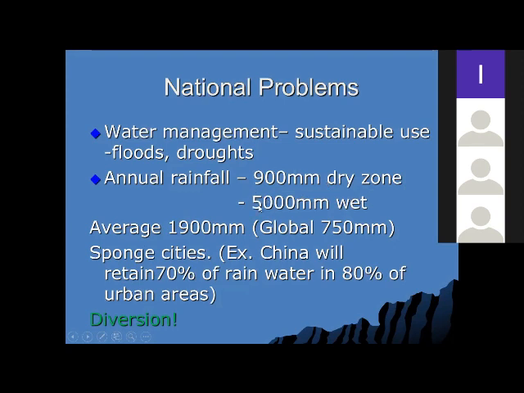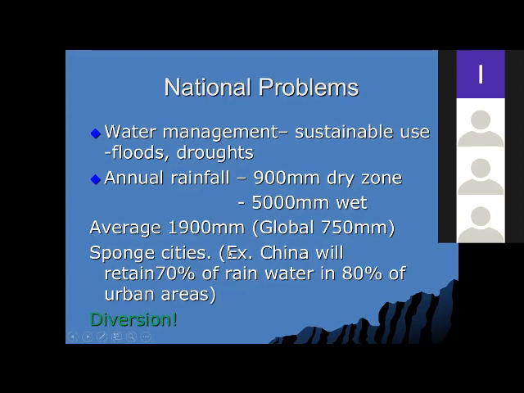And in the wet zone, we have 5,000 millimeters per year. So we have enough rain. If you take the global average, it's about 750 millimeters globally. So we have about 1,900 millimeters. So if we can manage our water in a proper way, we will be able to manage it.